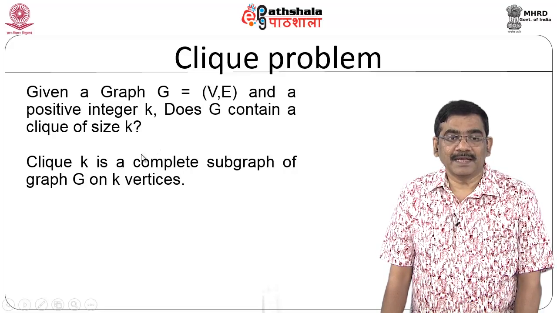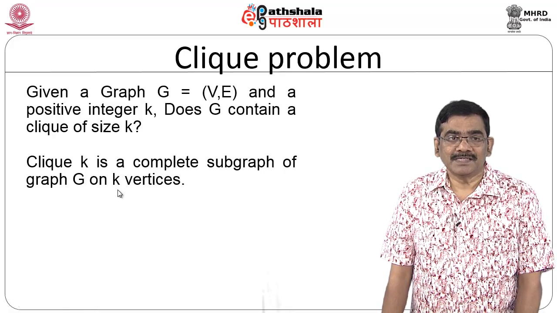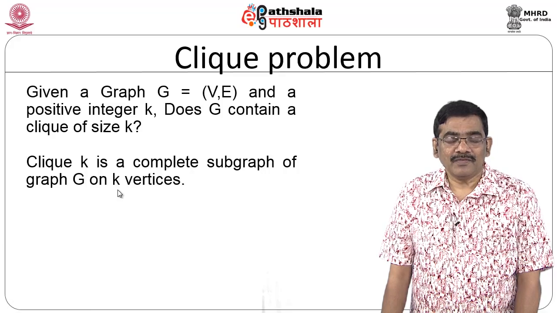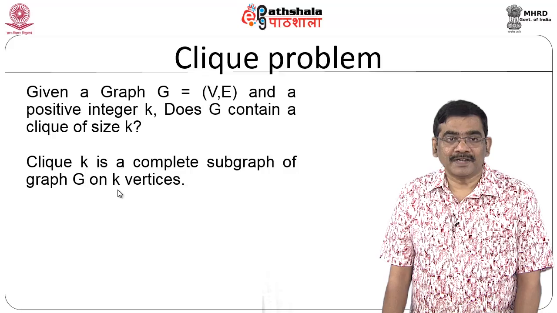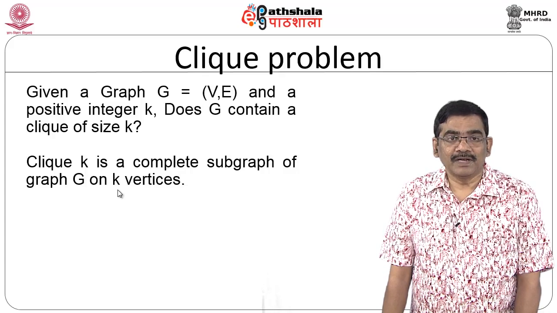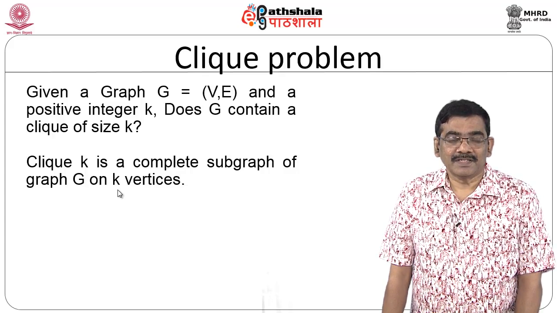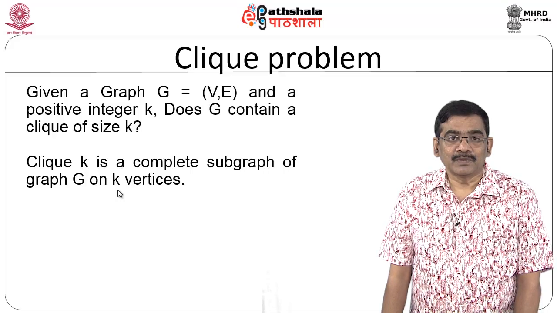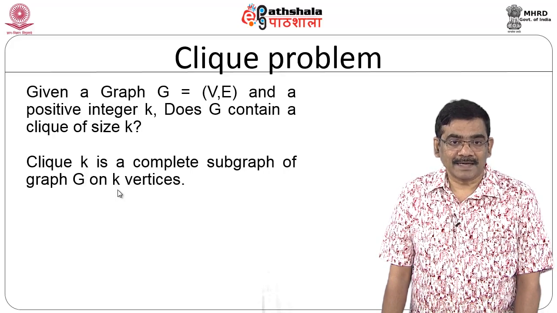A clique is a complete subgraph of graph G on k vertices. In other words, given a graph, you have to find the subset of vertices that are fully connected with each other. So, that we have a subgraph of k vertices, we call that a clique.